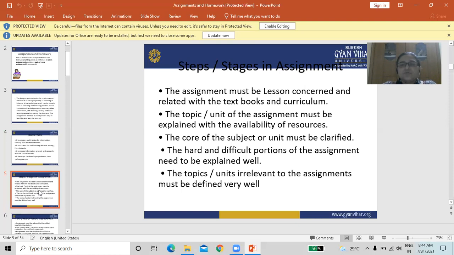The hard portion of the assignment should be made clear by the teacher, so the student will be able to understand the assignment and what he or she will do in it. The topics or units irrelevant to the assignment must be defined very well.